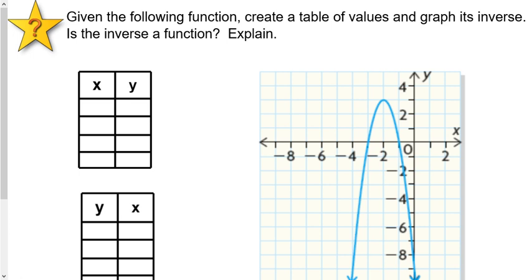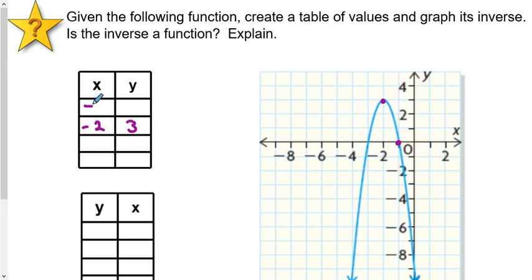Let's try using a table of values. So here we've got a function and we've got a table of values for the function, right? So let's see where some of these points are on here. Let's do that one because it's a vertex. So that is negative 2 and a y value of 3. Let's do one right here because that's on a nice point.